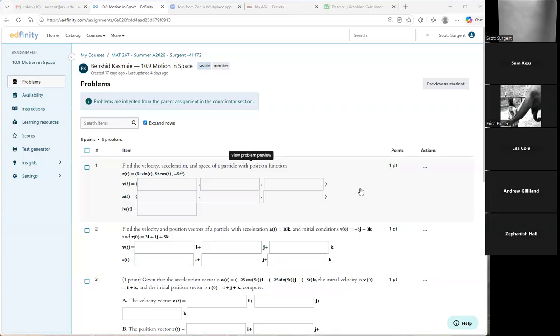Yeah, here we go. Find the velocity, acceleration, and speed of a particle with position function given here. You're just taking derivatives. You have 9t sine t. That means you're going to have to do the product rule here.